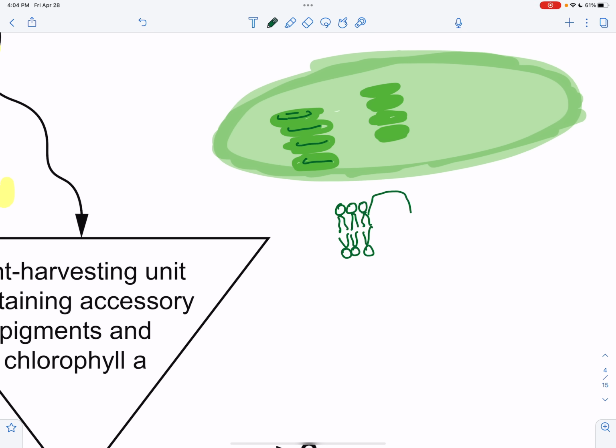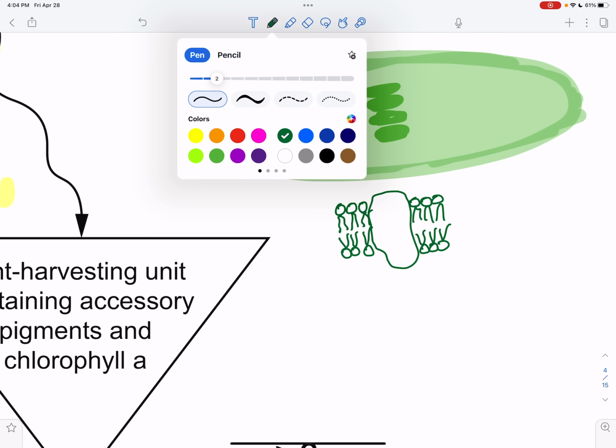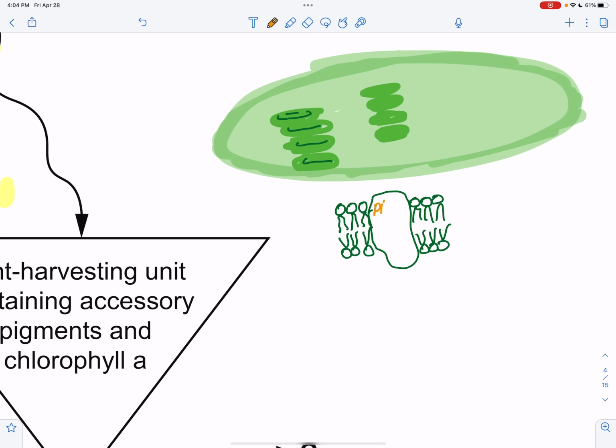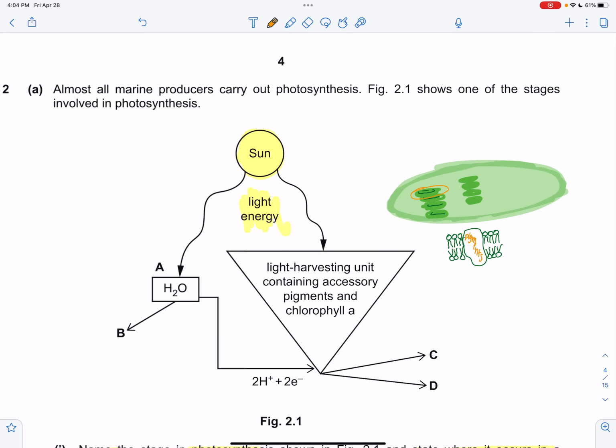Embedded in them, you have these massive photosystems, and it's within the photosystems that are containing pigments. And pigments absorb light energy. And again, this is the membrane of this structure right here. Pigments are inside the photosystems, and then light energy is going to get absorbed by it.